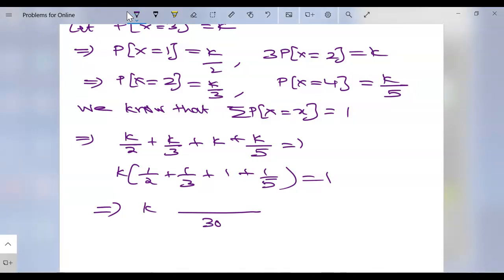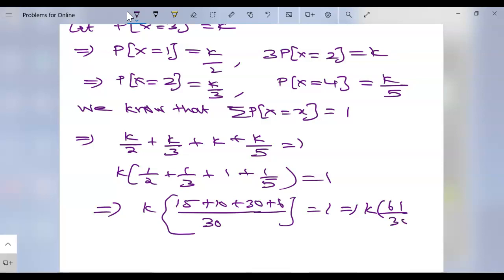So now here it is 15 plus 10 plus 6. If you count the numerator, it's just a basic LCM. You can use your calculator to do this. So this implies 15, 25, 31. So k into 31 by 30 is equal to 1.